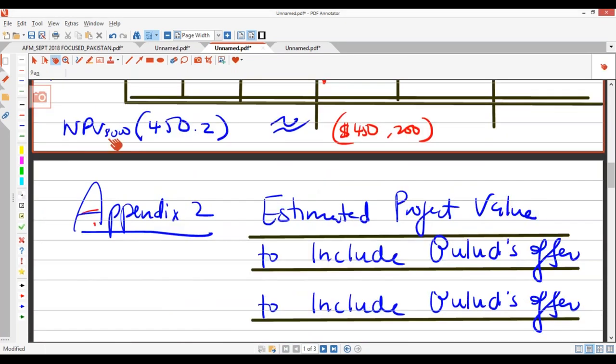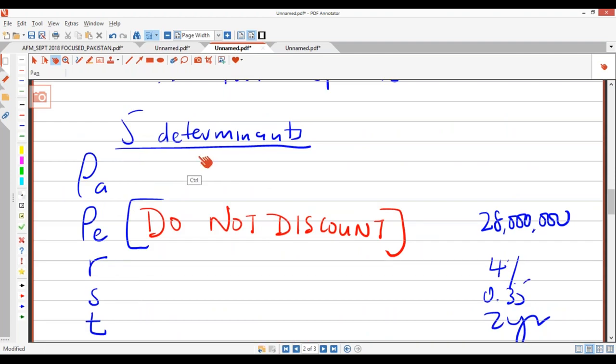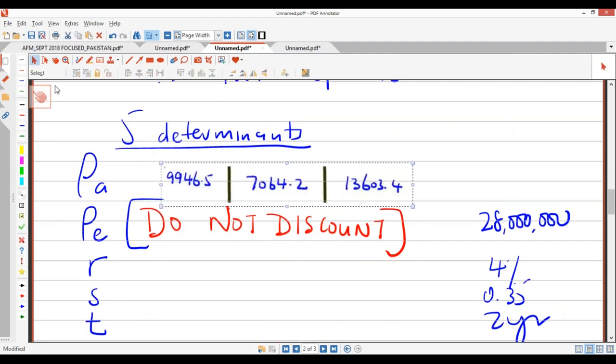And we're going to go down here. The PA will simply be this figure. Forgive me if I'm doing this. You add this figure, and you add this figure, and you're going to get this figure.